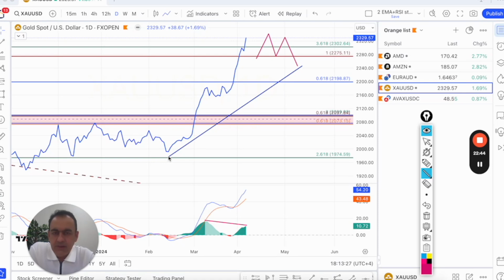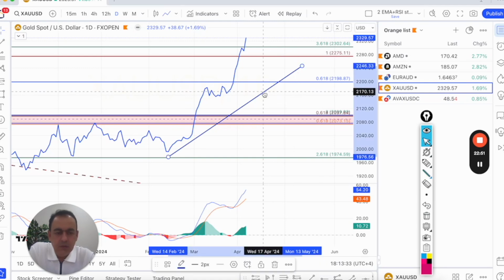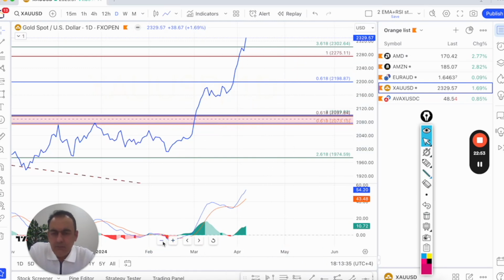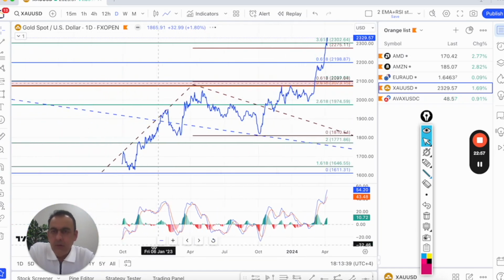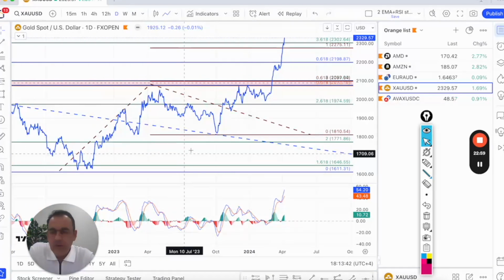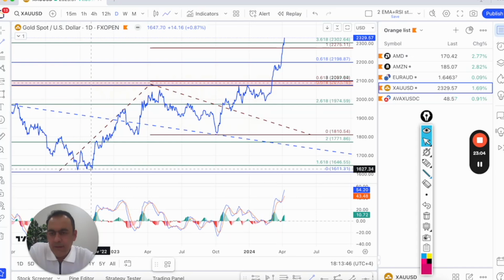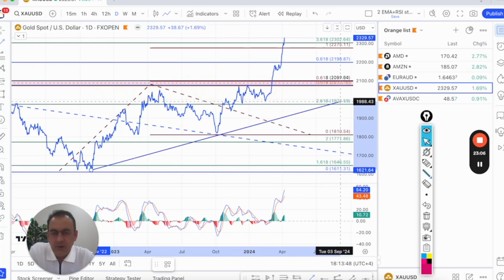I've also connected a rising trend line here and I can delete this one and I'll connect a longer term rising trend line coming from the weekly chart. So here we can connect from the lowest point like this. So I can connect a long-term trend line here.